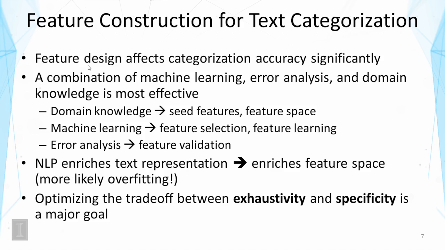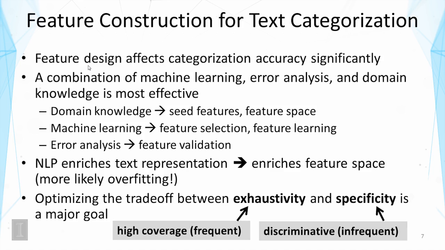So a main challenge in designing features, a common challenge, is to optimize the trade-off between exhaustivity and specificity. And this trade-off turns out to be very difficult. Now, exhaustivity means we want the features to actually have high coverage of a lot of documents. And so in that sense, you want the features to be frequent.